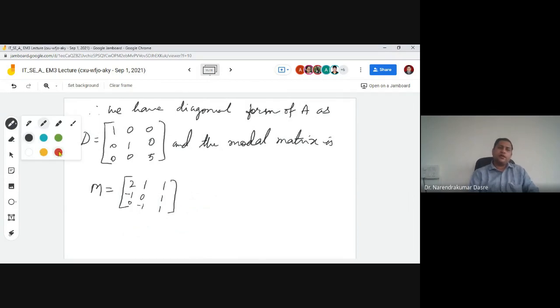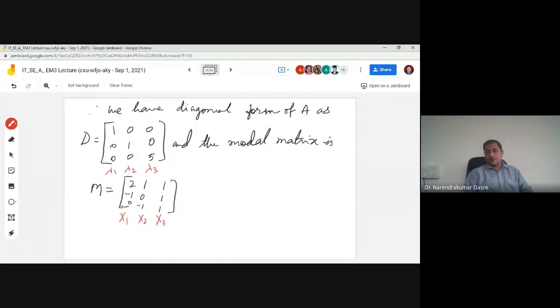So you can see that this column corresponds to lambda 1, this column corresponds to lambda 2, this column corresponds to lambda 3. So this is your first vector, this is your second vector, and this is your third vector.